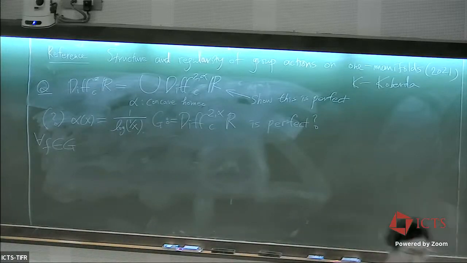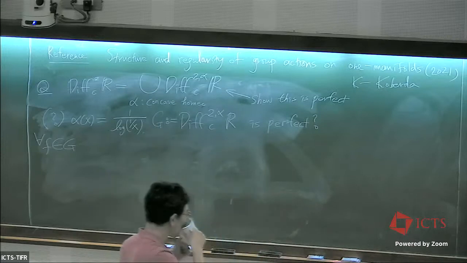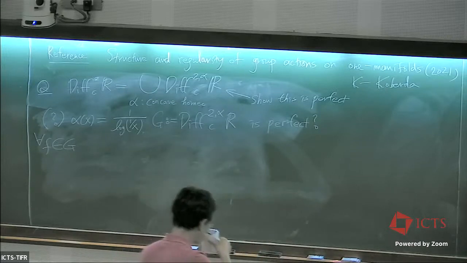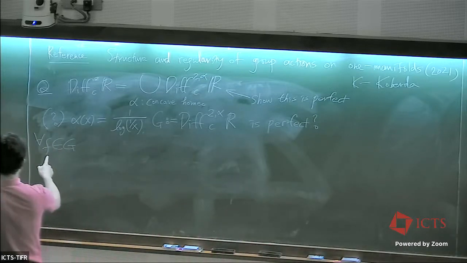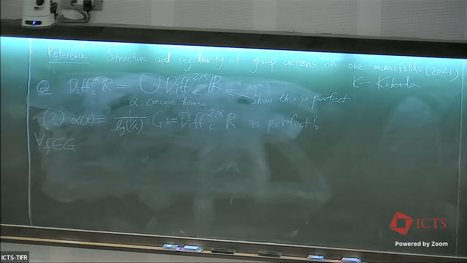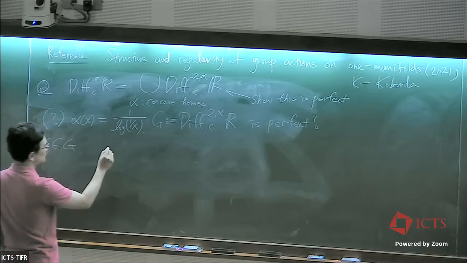So you may assume that F is very near the identity. And the goal is to show that F becomes trivial in H1. That's the whole goal.